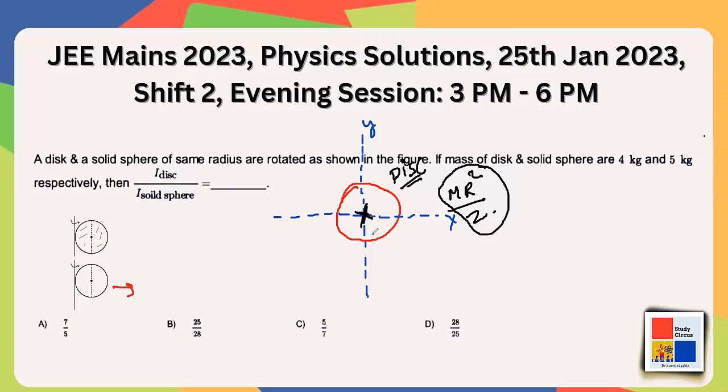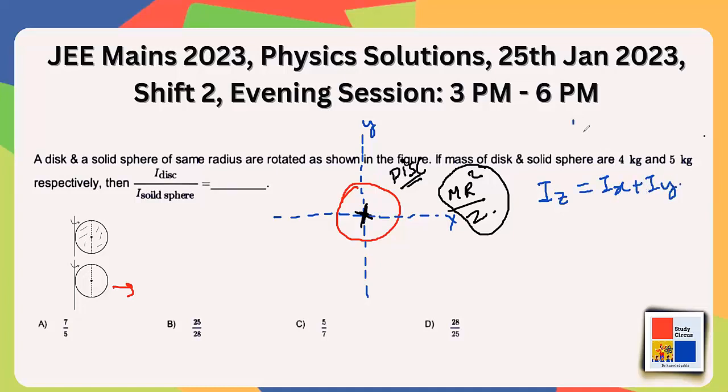But if I have to find the moment of inertia about the axis x or the axis y, I'll be using the perpendicular axis theorem. By symmetry, the moment of inertia about the axis x has to be the same as about the axis y. The perpendicular axis theorem says that Iz is equal to Ix plus Iy.